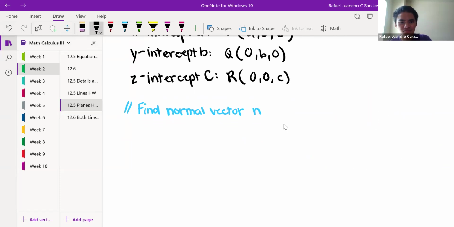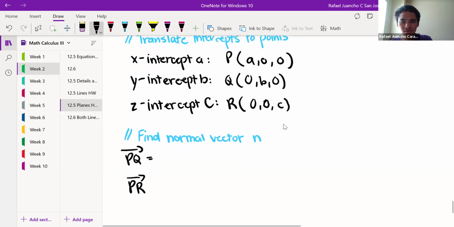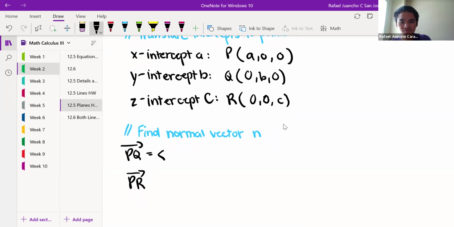So that's how we're going to do that. We're going to find the vector PQ, and we're going to find the vector PR. So PQ is what? How many times do I go from P to get to Q?